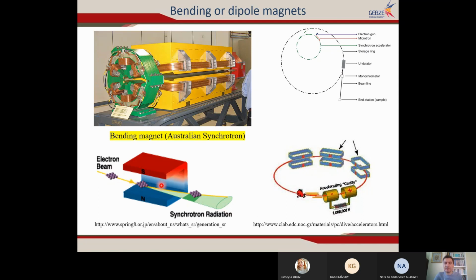Since electrons have accelerated behavior here, as we have learned, if a charged particle is accelerated, it emits electromagnetic radiation. So within the electron beam, each electron emits electromagnetic radiation, and now we have synchrotron radiation, very bright, with very high intensity compared to the X-ray tubes.